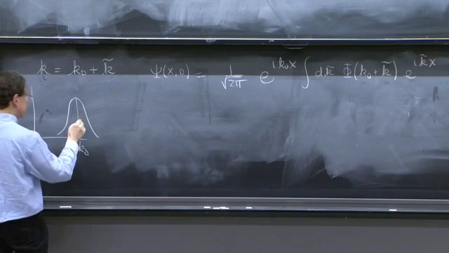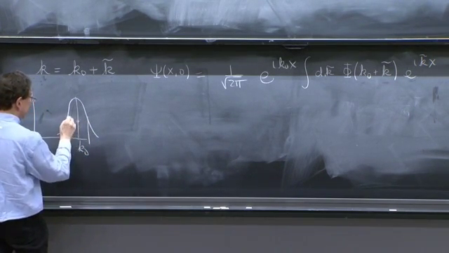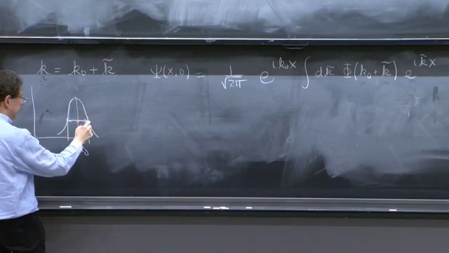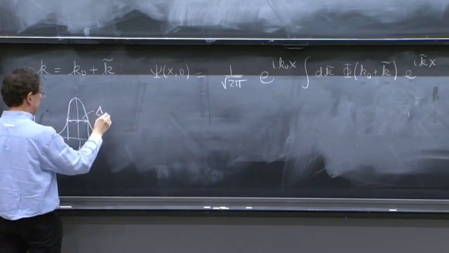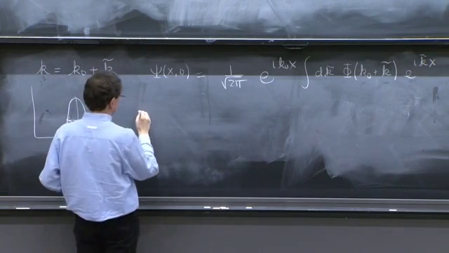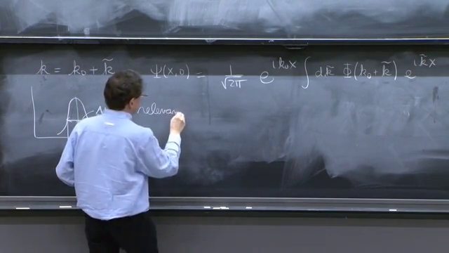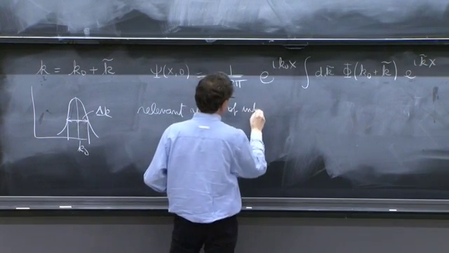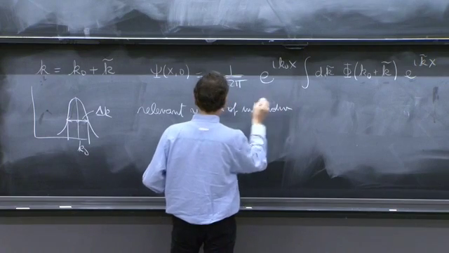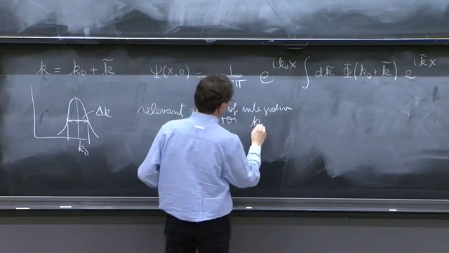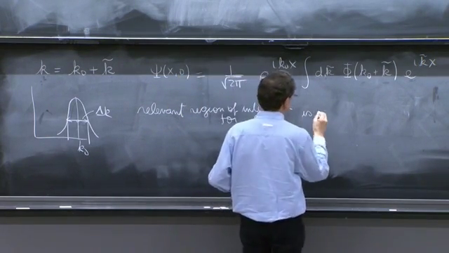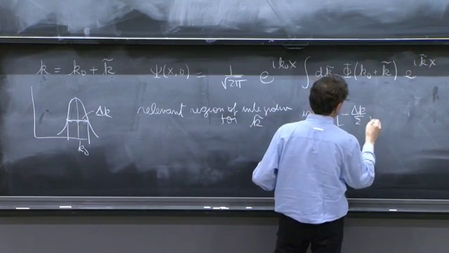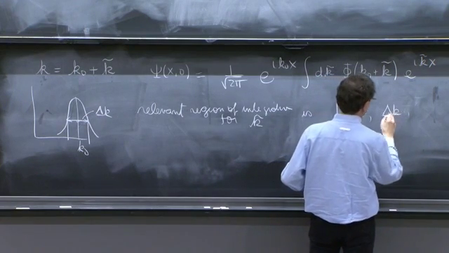So maybe I'll make this picture a little bigger. Here is k naught, and here we're going to be integrating in this region, and since this is delta k, the relevant region of integration for k tilde is from minus delta k over 2 to delta k over 2.